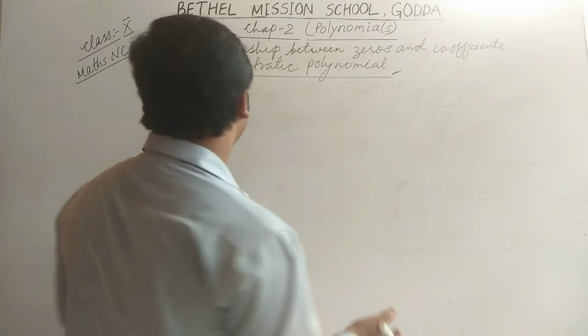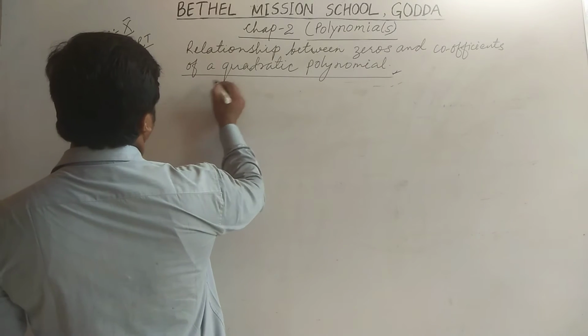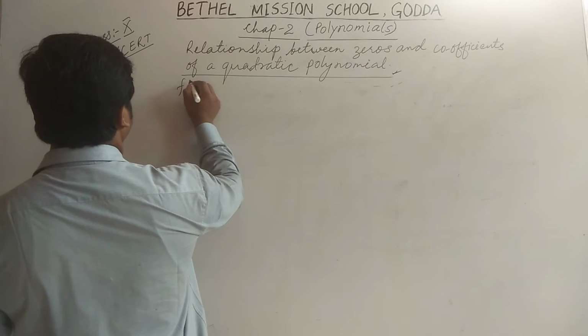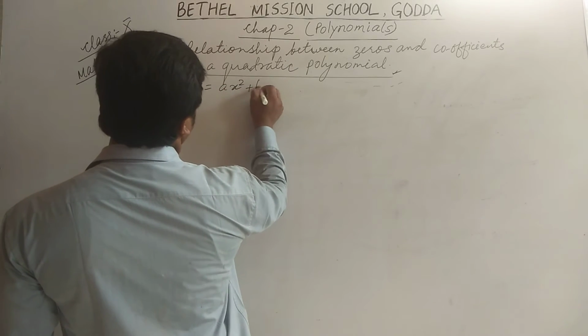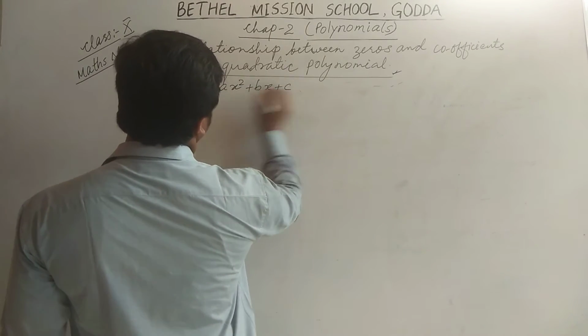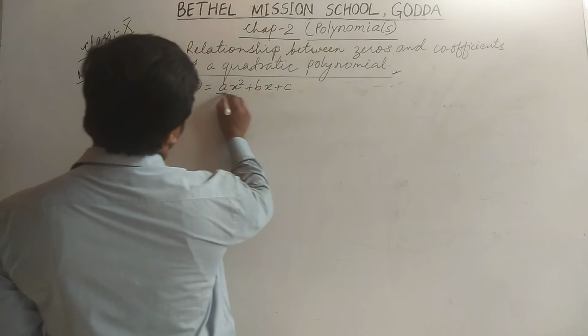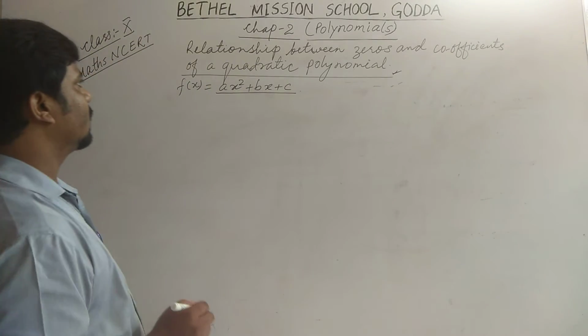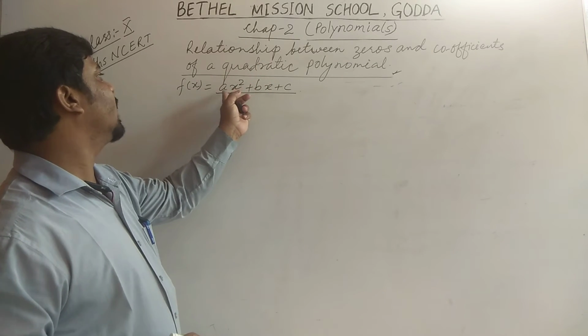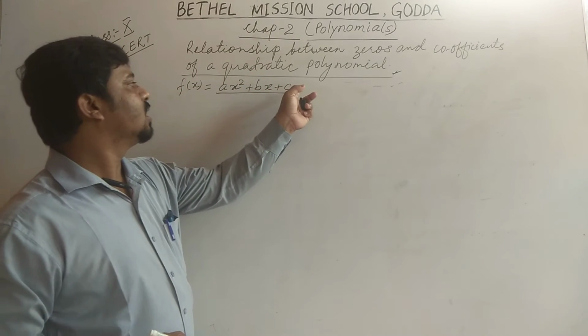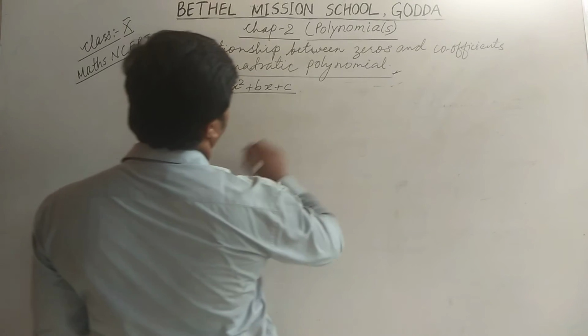The form of a quadratic polynomial will be f(x) equal to ax square plus bx plus c. Quadratic means degree 2, power 2.